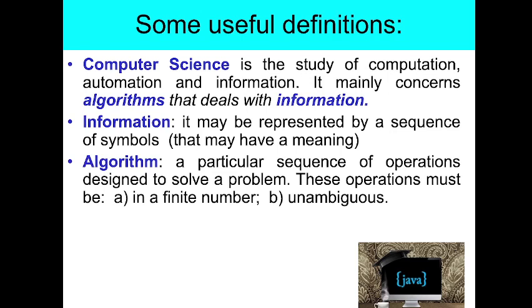Information is everything that we may interpret, everything that has a meaning for us. It may be an image, a sound, a music, or a text, a symbol, an equation, a poem, whatever. No matter what we are dealing with, if it has some meaning, this is known as information.